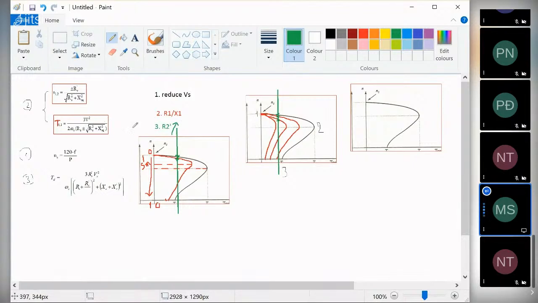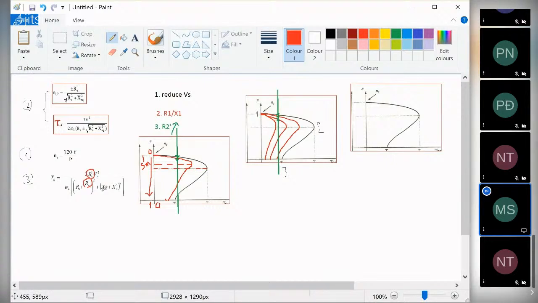The first one, synchronous speed will be constant. Very good. Starting torque. Remember that we have rotor resistance in the numerator and denominator, here and here.